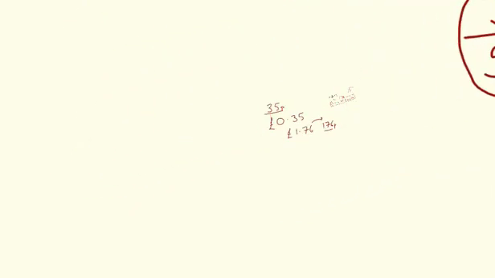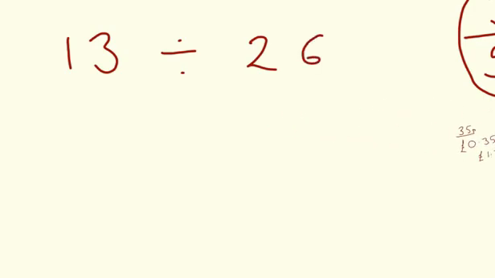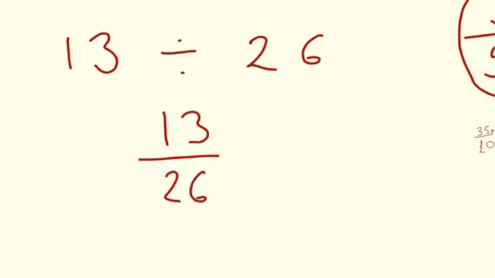For example, let's say we had 13 divided by 26. What's the first thing you do? Sometimes we get confused. Oh, what do we do? So it's very simple. You put the 13 on the top and the 26 on the bottom. Then you cancel it and it becomes a half. Yeah?